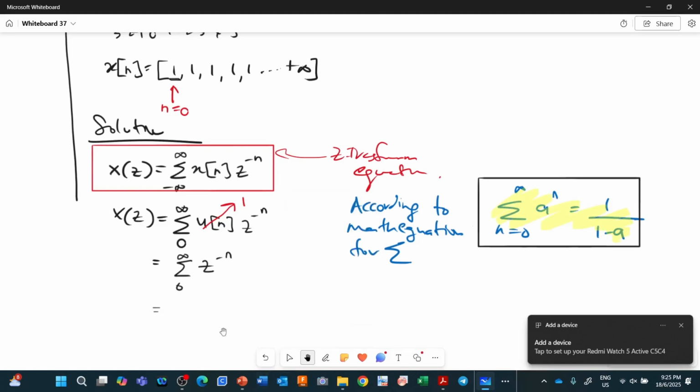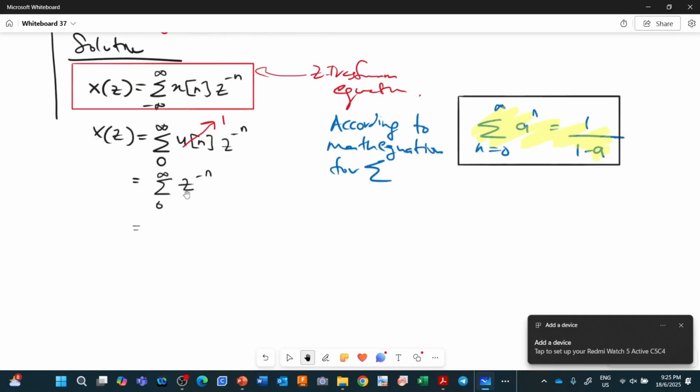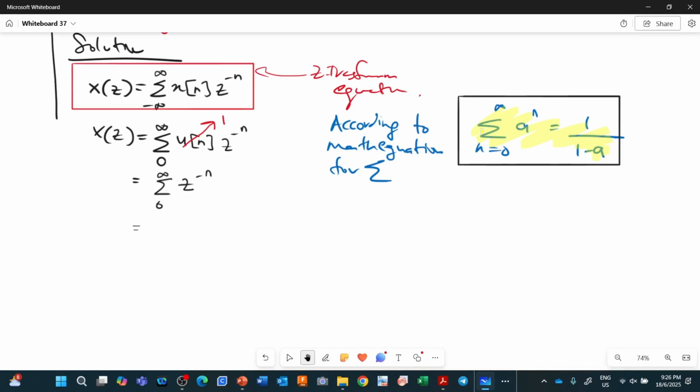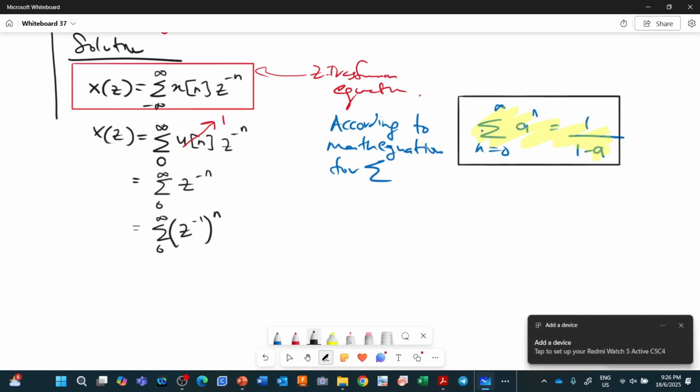Now let's compare with what we have derived so far. Can we put it into this term? Yes, right. So you need to put it in terms of the n value up there. Let's rearrange it: 0 to infinity, and then you have z minus 1 in brackets to the power n. Can the back see the font size?